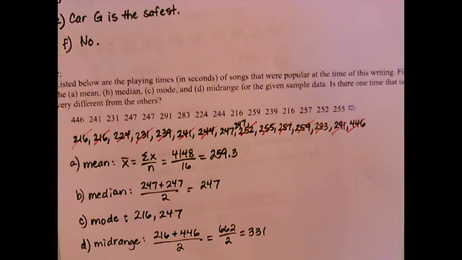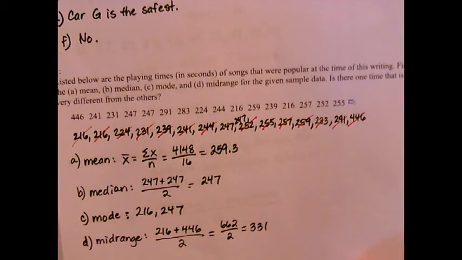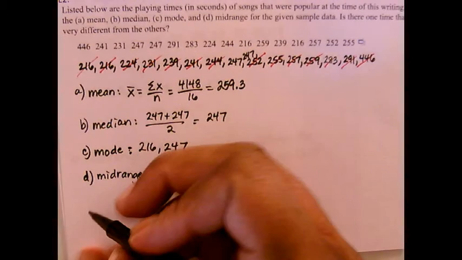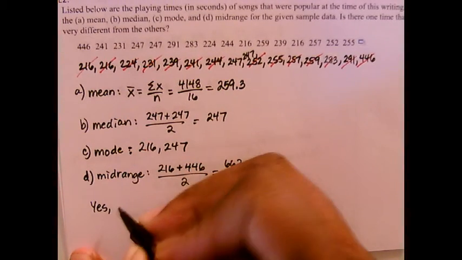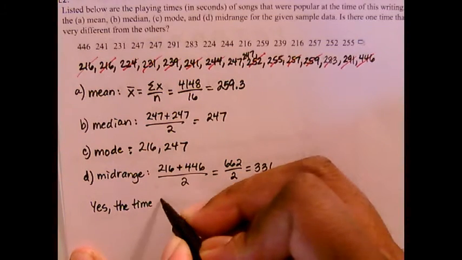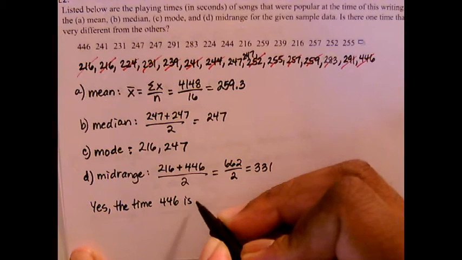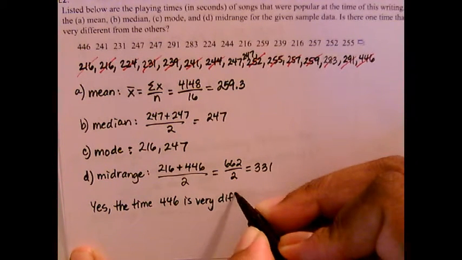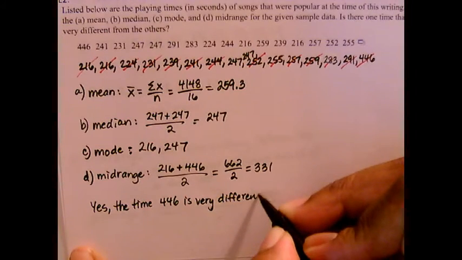Okay. Now, is there one time that is very different from the others? Well, if you look at the set of data, you're going to see that 446 is far away from the other data values in this set. So, to answer that question, it would be that yes, the time 446 is very different from the others.